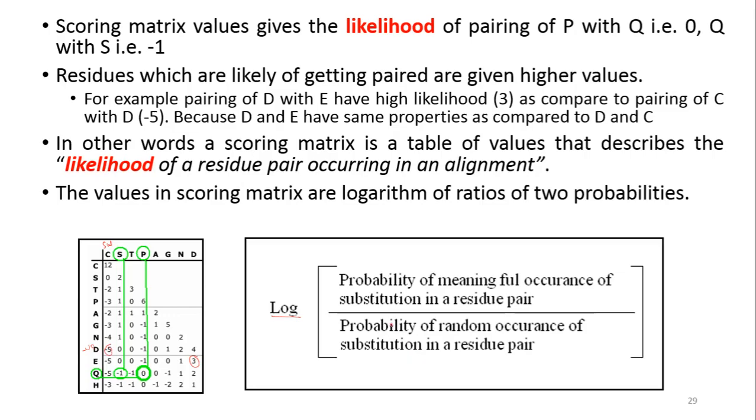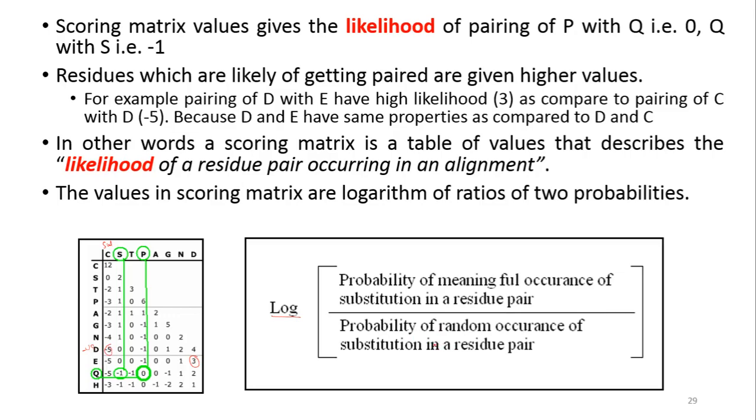This likelihood value, being a ratio of two numbers, will be high if the value of the numerator is large as compared to the value of the denominator.